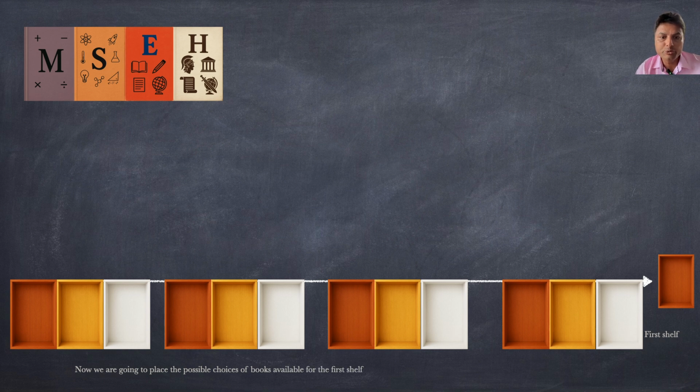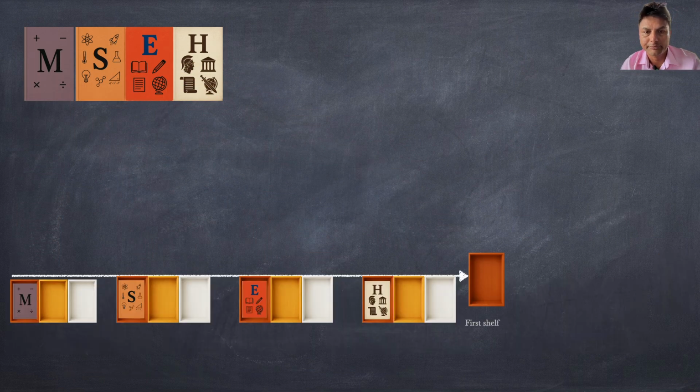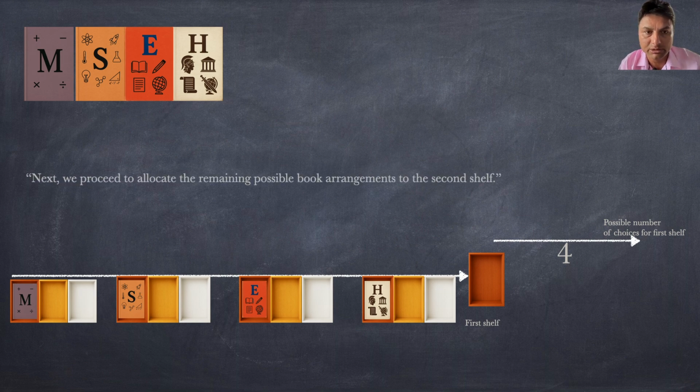Now we are going to place the possible choices of books available for the first shelf. We can choose either math book or science book or English book or history book for the first shelf. Here we denote the possible number of choices for the first shelf. There are 4 choices available.